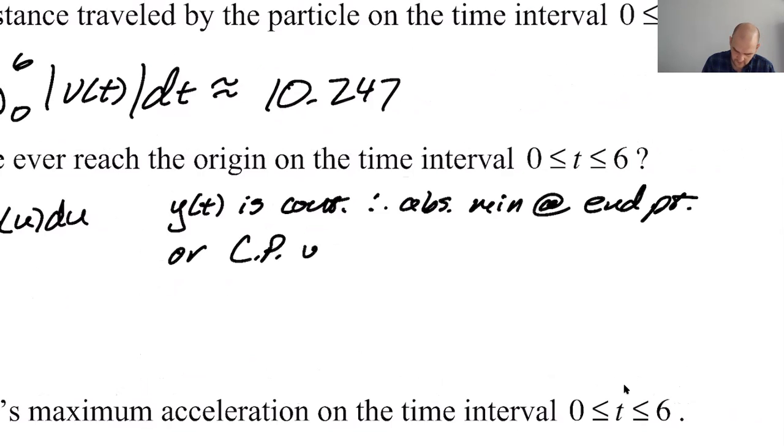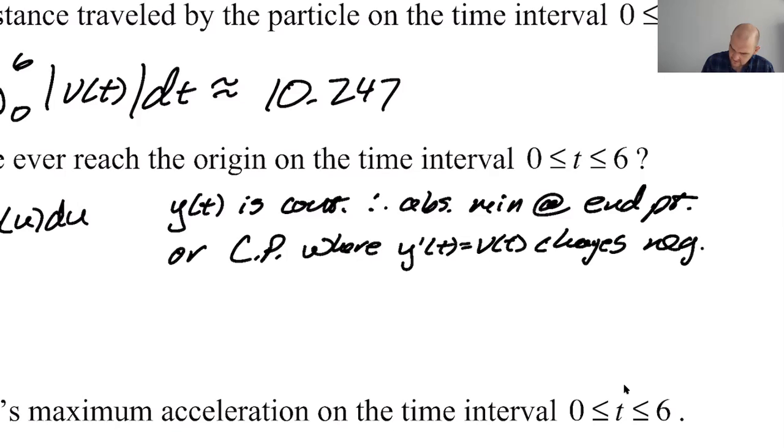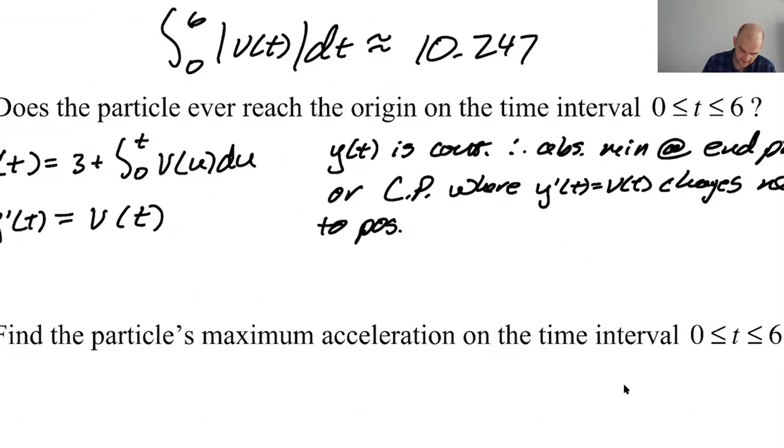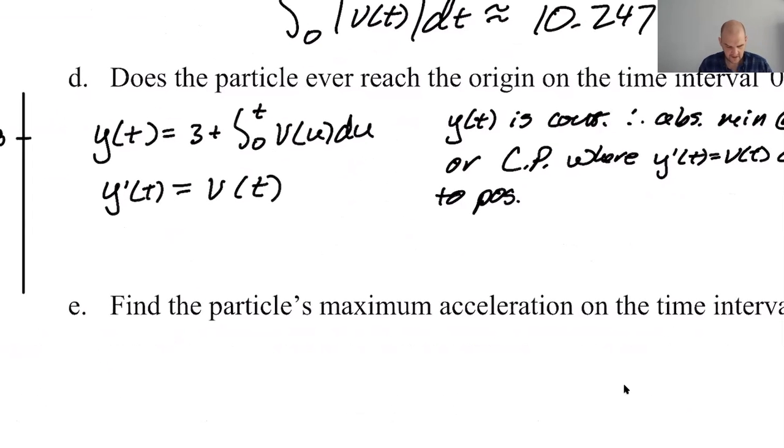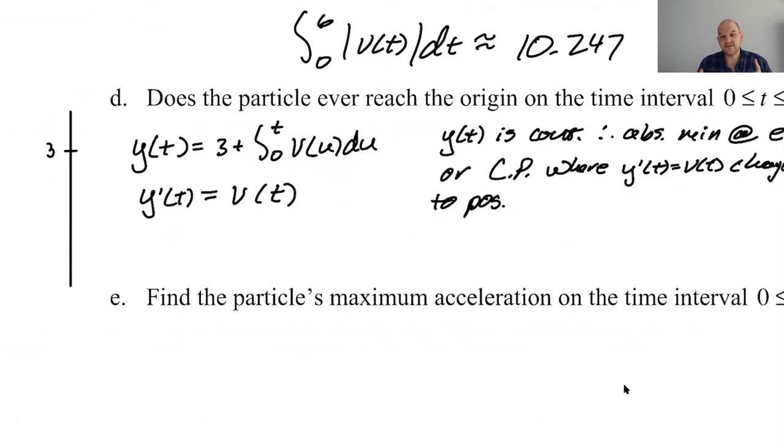I'm going to say a critical point where y prime of t, which equals v of t, changes from negative to positive, because that would be a relative minimum. Okay, so I'm going to find the critical points. It's either happening at 0, at 6, or at a critical point where v of t goes from negative to positive. I need the calculator for this, so let's do that.